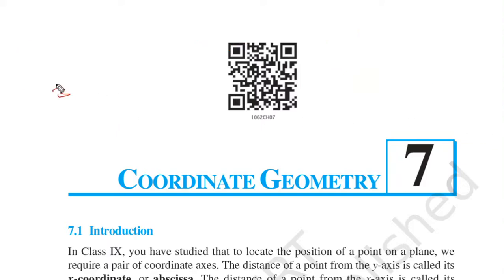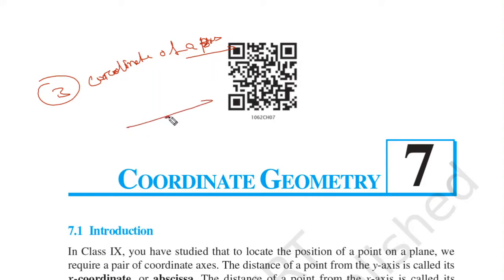And the third one that we are going to learn here is the coordinates of a point which divides a line segment joining two given points in a given ratio. Okay, so these are the 3 points that we have to learn here.